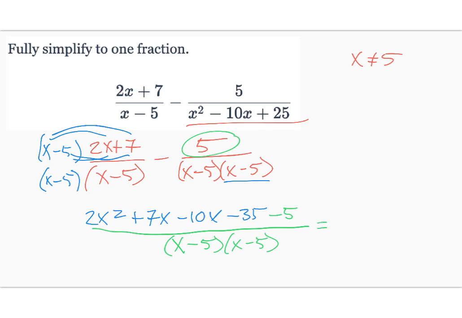Just for funsies, let's see if any of these reduce any more. Minus 3x minus 40. I'm looking for things that multiply to negative 80 and add up to negative 3.